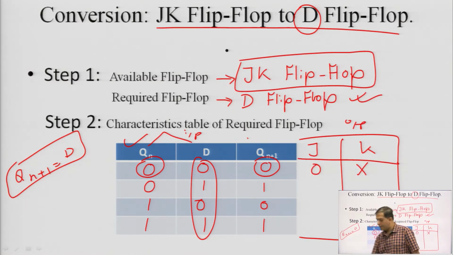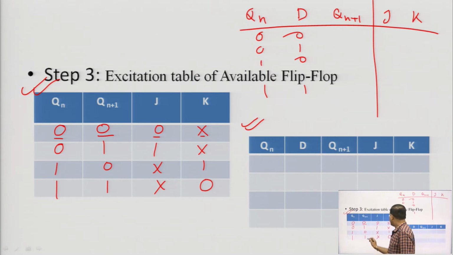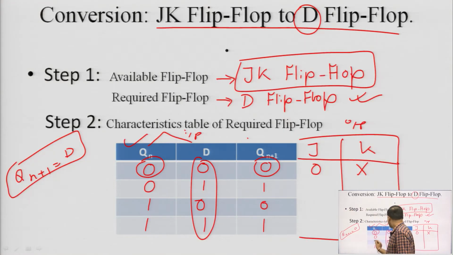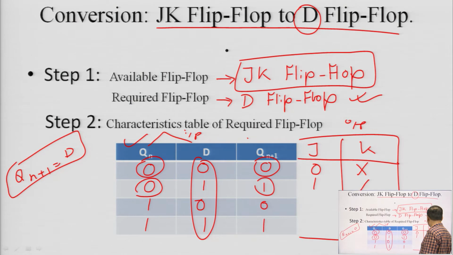Now, next check when Qn and Qn plus 1 are 0 1, then J K will be 1 cross. So, let us check here Qn 0 and Qn plus 1 is 1, so we will have 1 and cross.